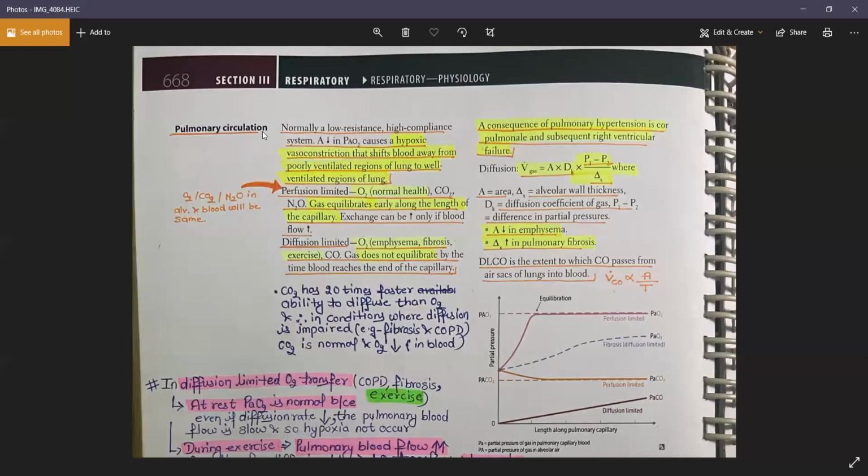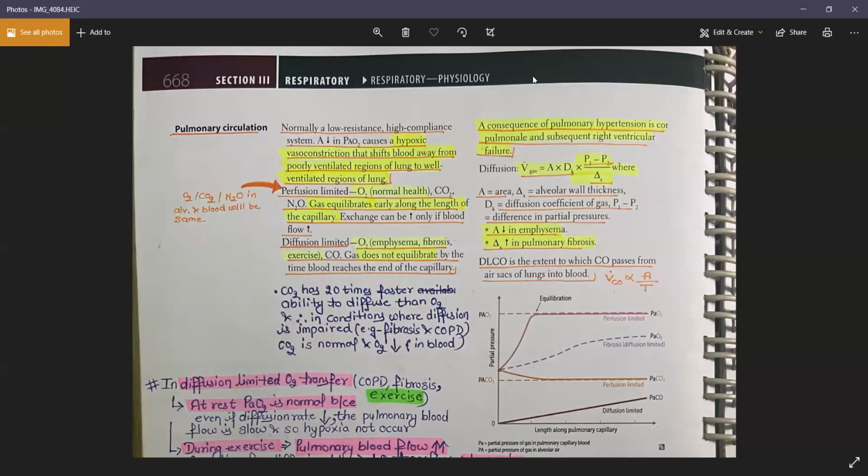This hypoxic vasoconstriction will prevent the blood from going to areas where oxygen is not present. That means it will shift the blood away from such areas to the areas where oxygen is present. So this will help in controlling the VQ mismatch in the patient.